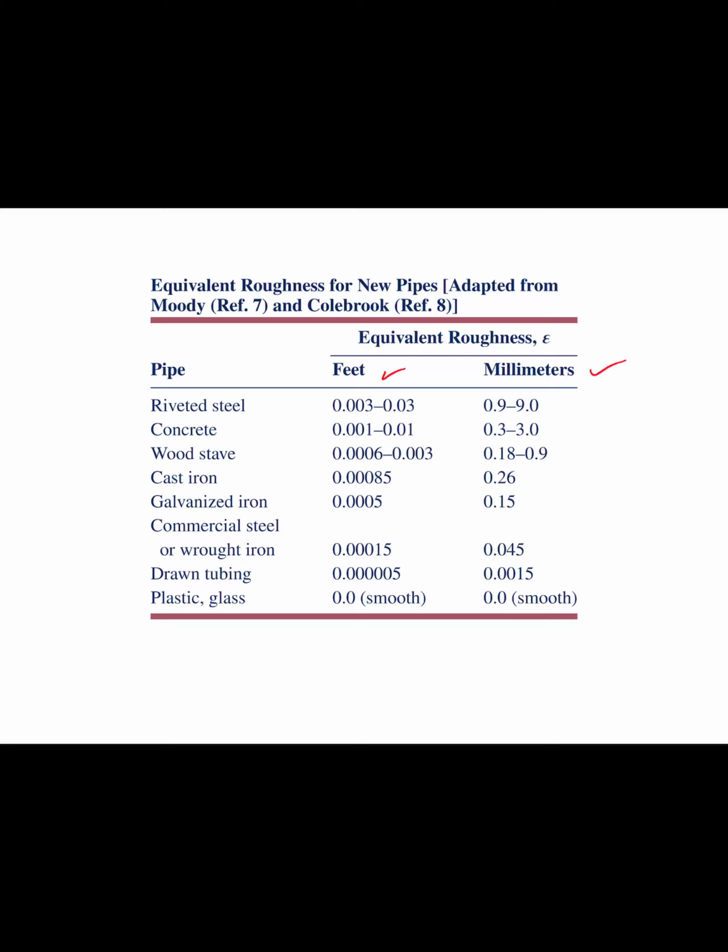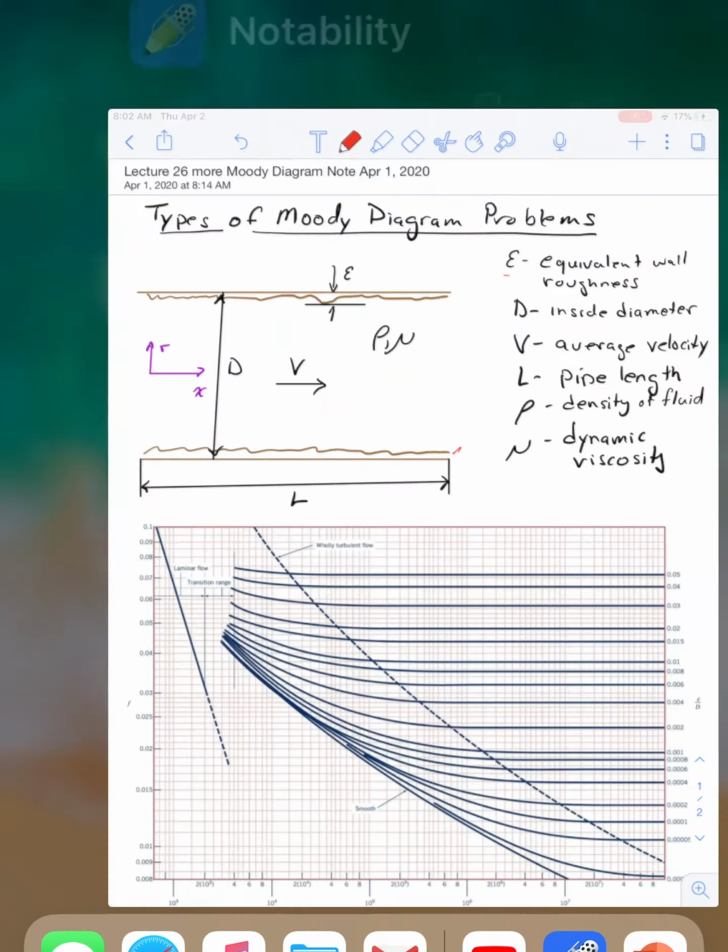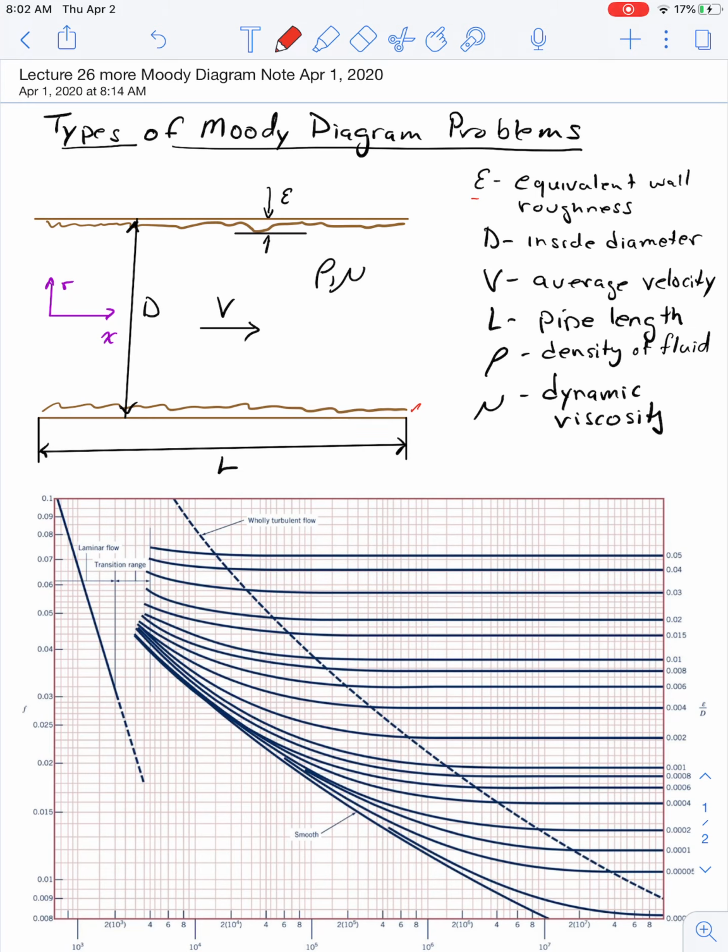Like you have here riveted steel, concrete, for example, if you're doing pipes with water flowing through them, maybe wood stave, cast iron, etc. These are relatively rough surfaces up here, but on the bottom we have things that are quite smooth, like commercial steel, drawn tubing, or plastic and glass, which is considered smooth. In which case, if we go back to our Moody diagram, that's going to go along this smooth curve that forms the bottom.